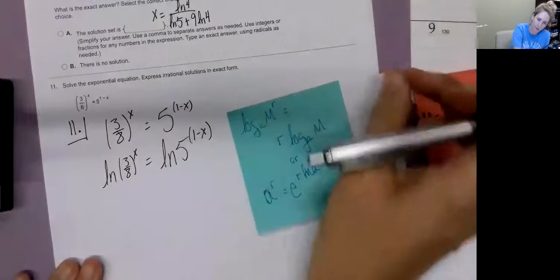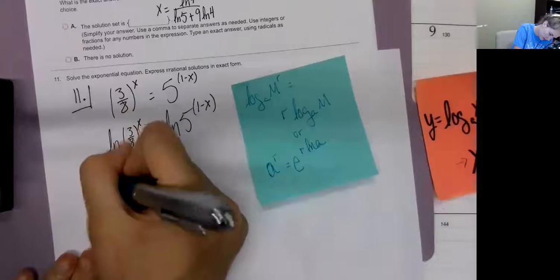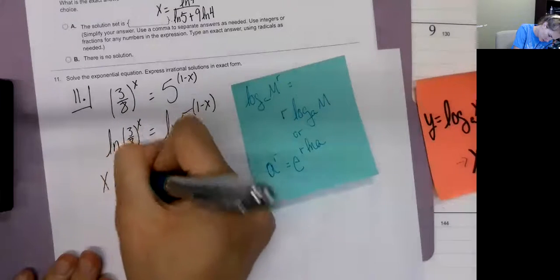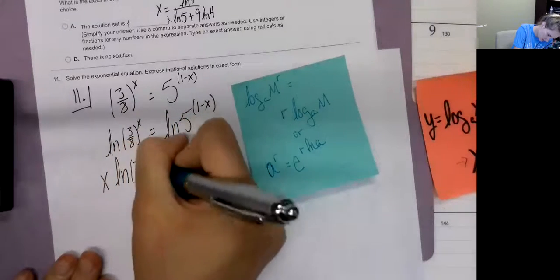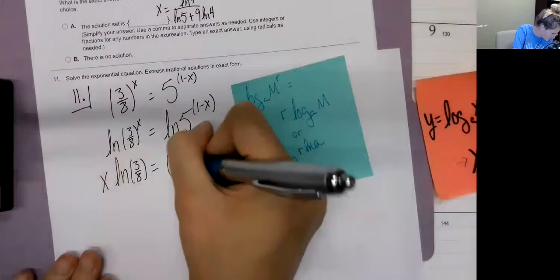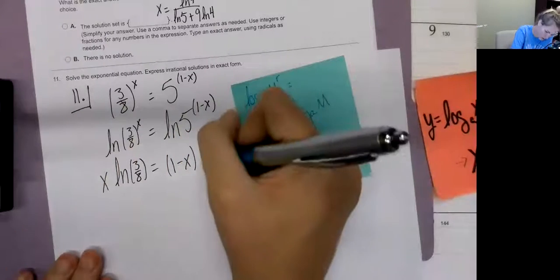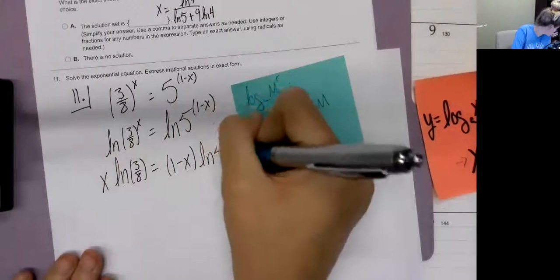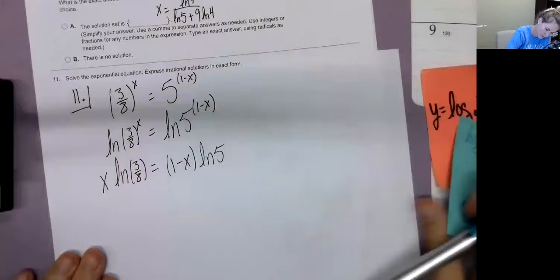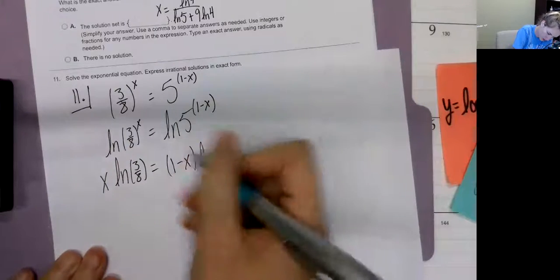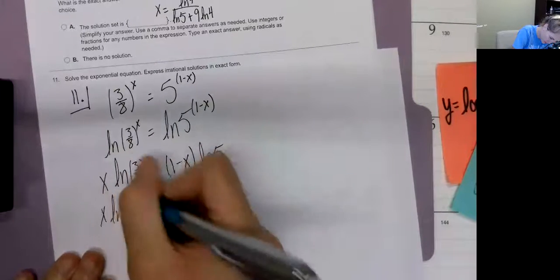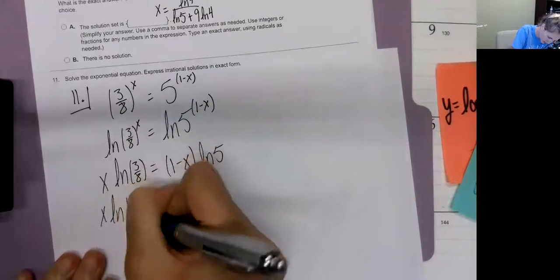We're going to take these, and using this rule, we're going to put the exponents at the front. So we're going to have x natural log of 3/8 equals 1 subtract x natural log of 5. So distribute here. This side stays the same.